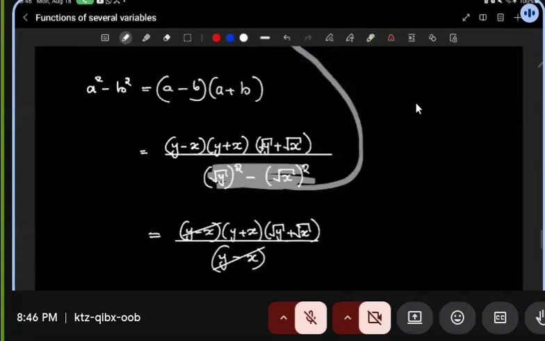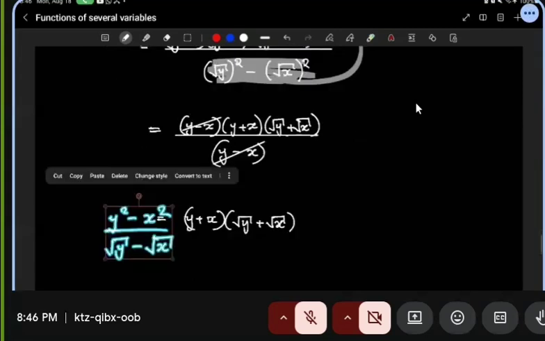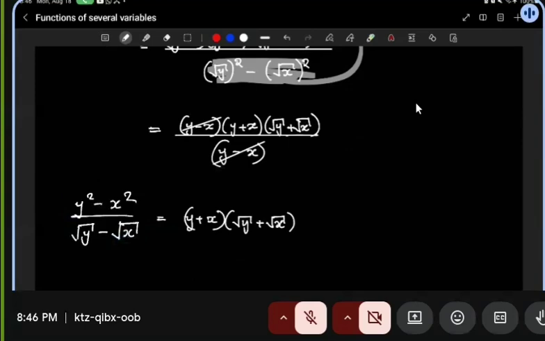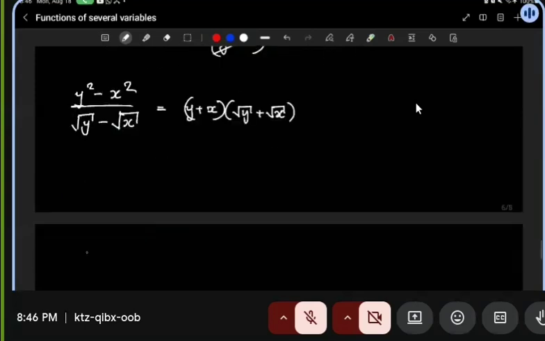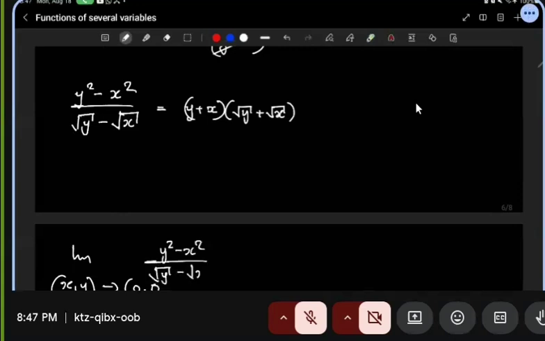So this is now what I have. The function we started with, which is this, we have just seen that it can be rewritten so that it becomes that. So the limit we were evaluating, the limit as x comma y approaches 0, 0 for y squared minus x squared over root of y minus root of x, has reduced to just the limit as x comma y approaches the same point, 0, 0, but now for a function y plus x times root y plus root x.